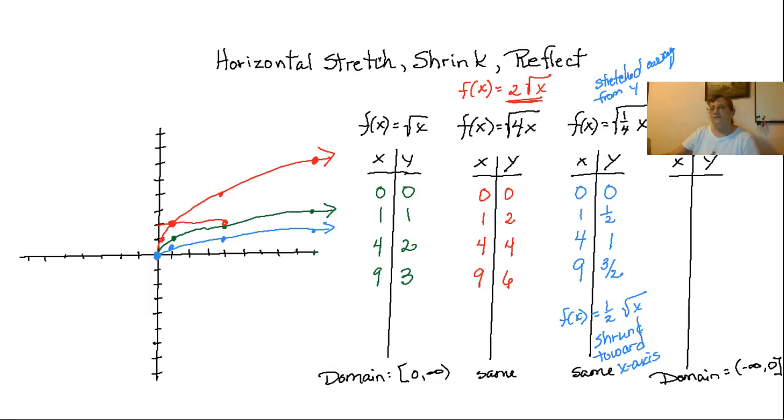Now, f of x equals negative x actually reacts much differently from the negative square root of x. The positive square root of x was the green one up here. So here is our positive square root of x.